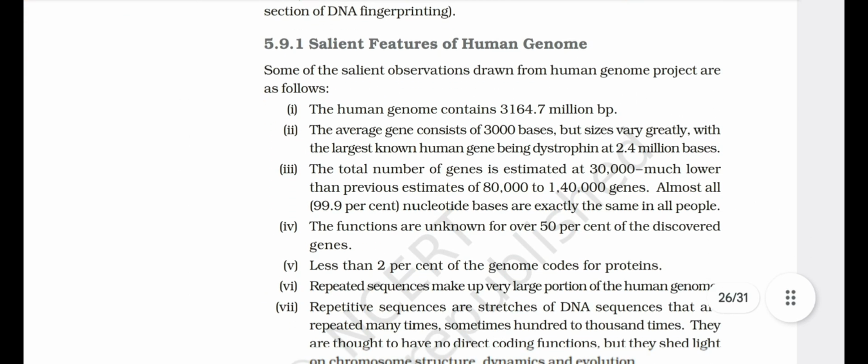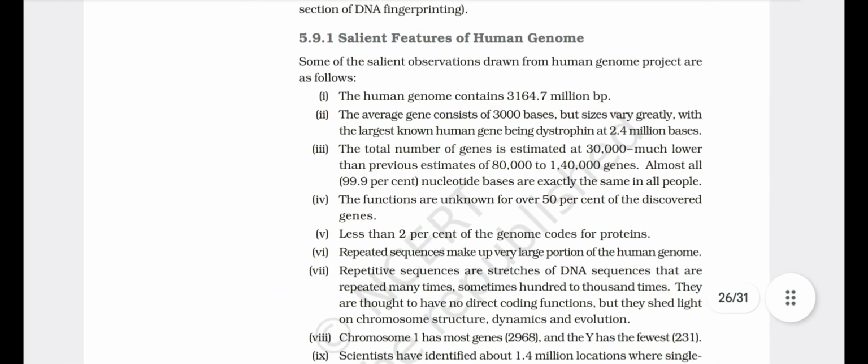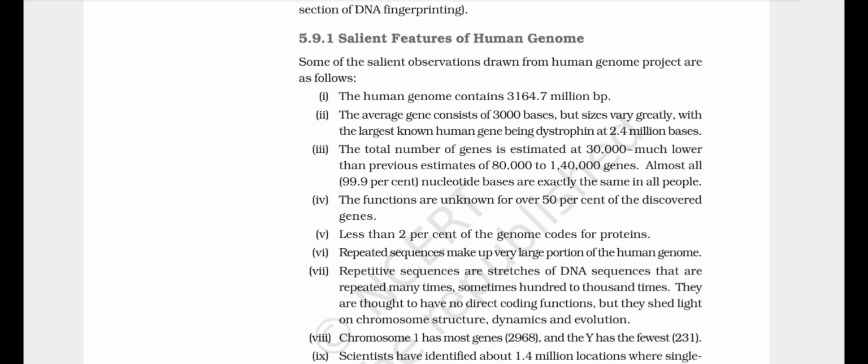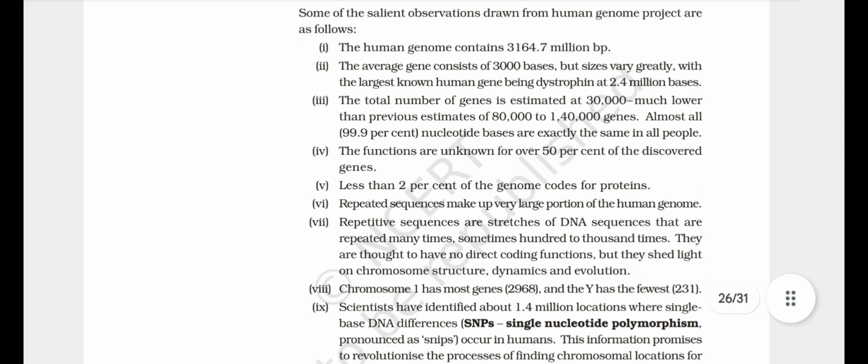Then the salient features of the human genome. The human genome contains 3164.7 million base pairs. An average gene consists of 3000 bases, but sizes vary greatly, with the largest known human gene being dystrophin at 2.4 million bases.